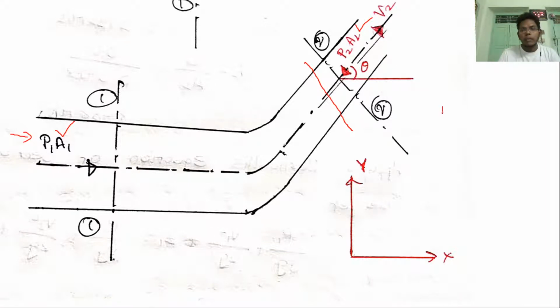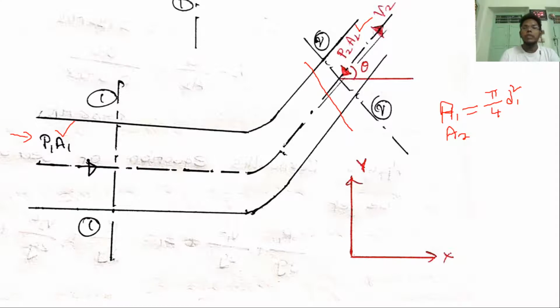The formula is A1 equal to pi by 4 into d square. Similarly for A2. Here A1 is pi by 4 d1 square, and A2 is pi by 4 d2 square.